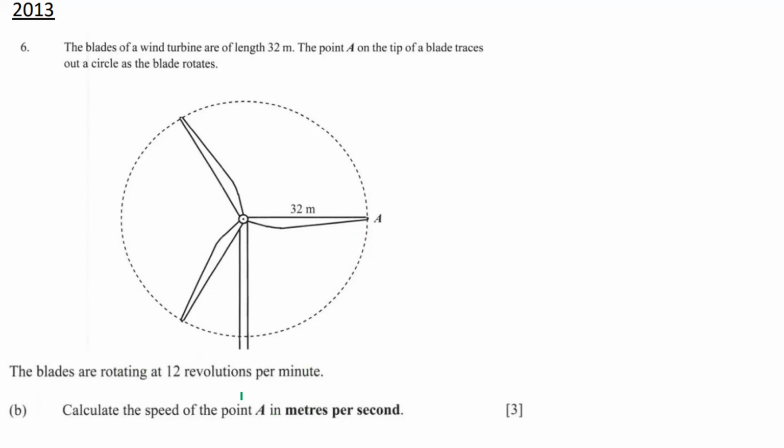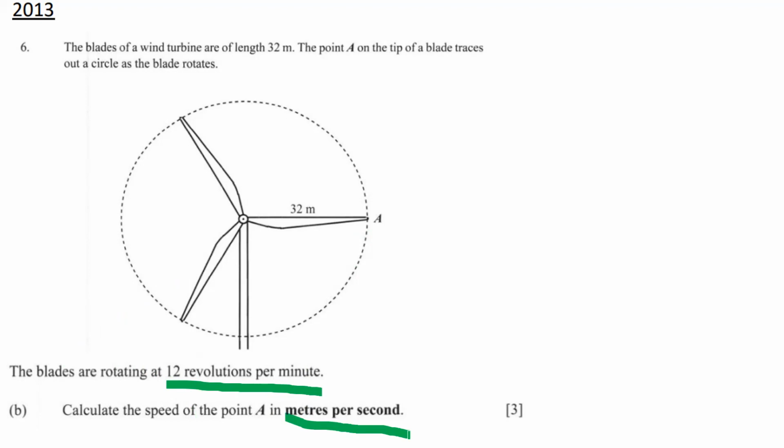So they give us the speed of the blades, which is 12 revolutions per 1 minute. Now what they want us to find is also the speed, but in meters per second. So that's the difference. We were given it in revolutions per minute. Now we have to change it to meters per second.